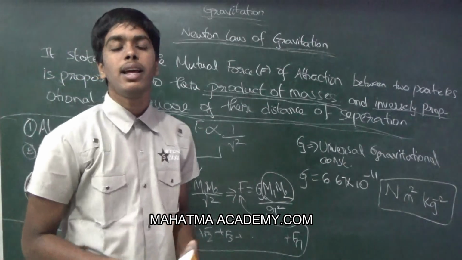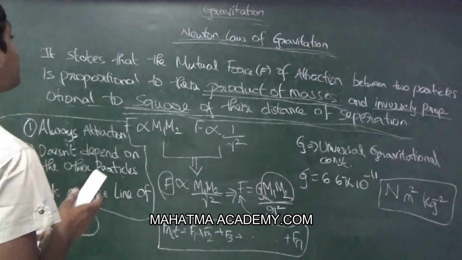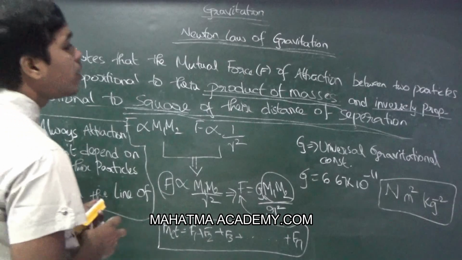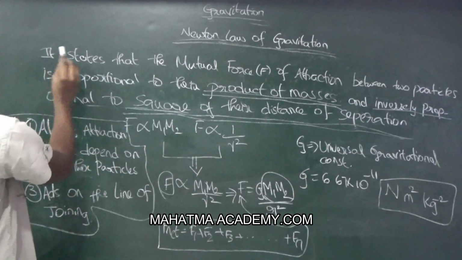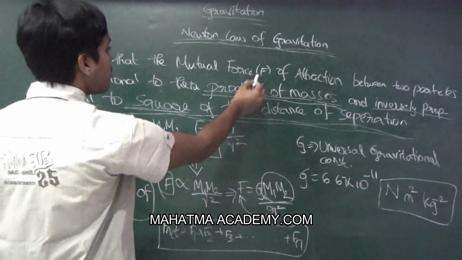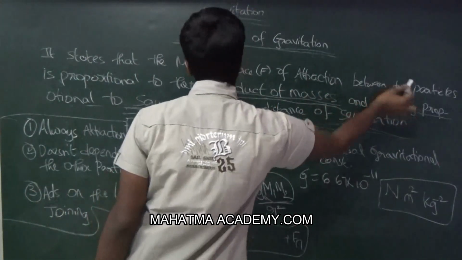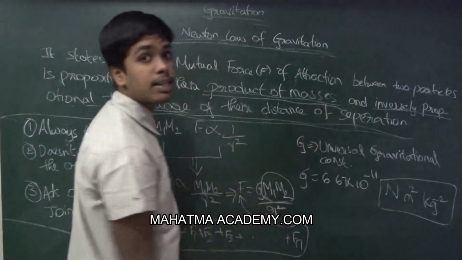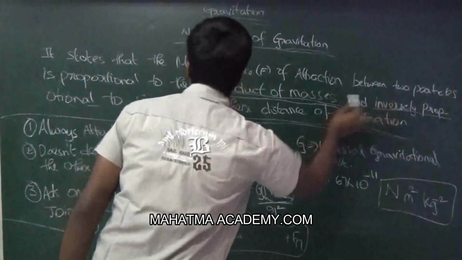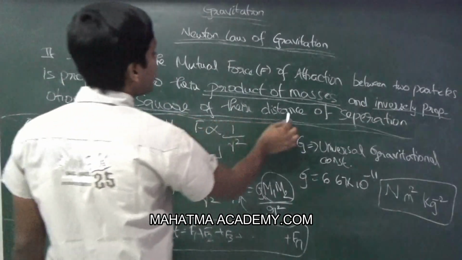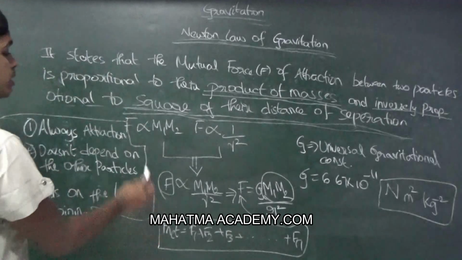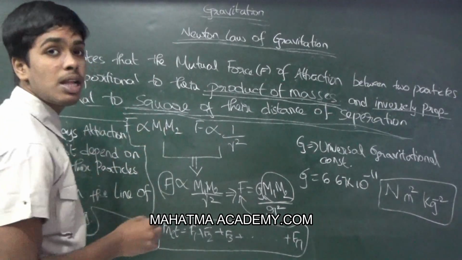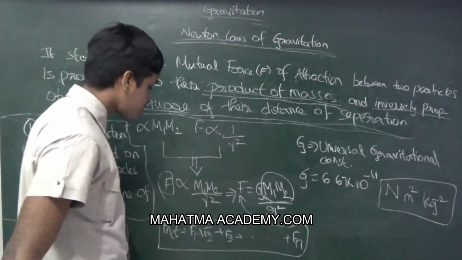Now we will see the gravity topic. First, Newton's law of gravitation. It states that the mutual force of attraction between two particles is proportional to the product of masses, and inversely proportional to the square of the distance of separation. So F is proportional to m1 m2 and F is inversely proportional to 1 by r square.